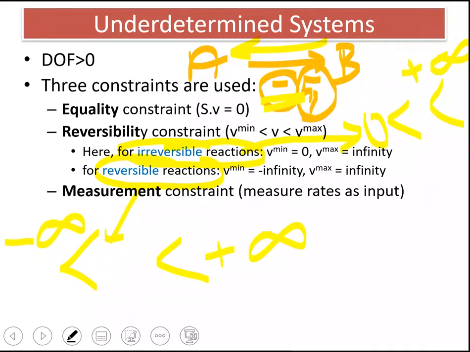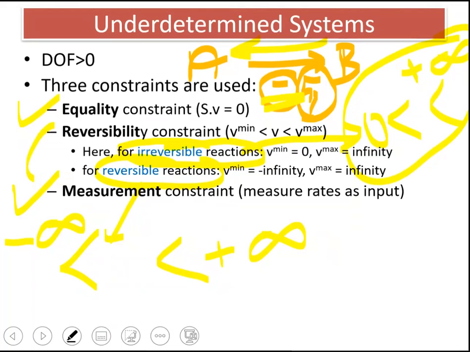So, in flux balance analysis formulation, you need to define your mass balance-based constraints, your equality constraints, your measurement constraints, so some of the rates will be defined as measured. And you should also define the ranges for the reaction rates.